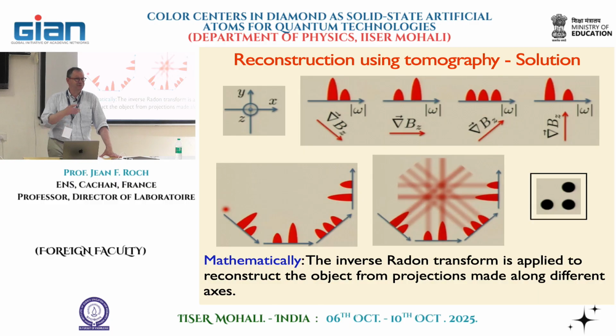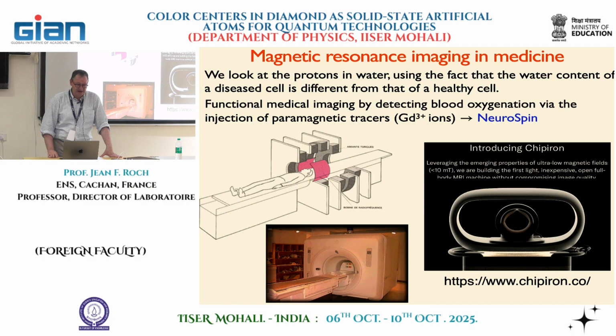Okay, so now, of course, this was a very important tool, and it has now been implemented in hospitals, where basically you look at the protons in water, and you use the fact that the water content of a diseased cell will be different than that of a healthy cell.